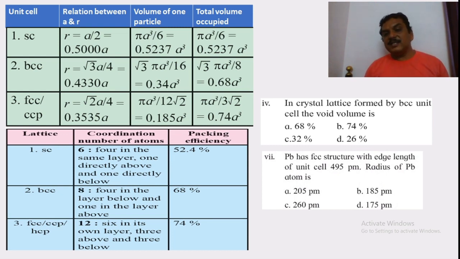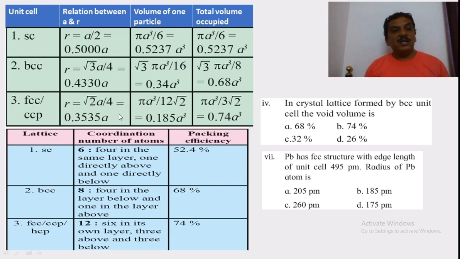Another MCQ: lead has FCC structure with edge length of unit cell 495 picometer. The radius of lead atom is? Now radius is asked, edge length is given. I have already mentioned that a number of MCQs in the board exam, also CET exam, are asked upon the relationship between r and a.